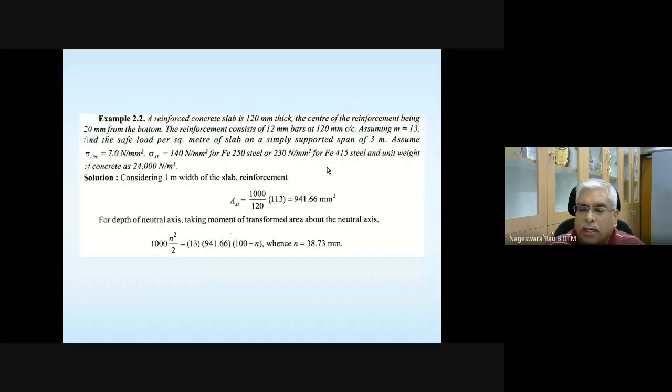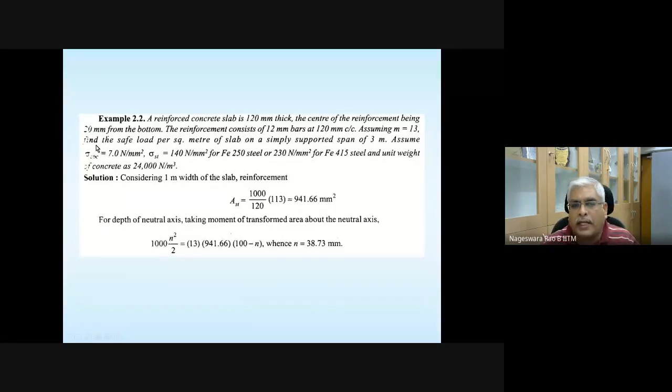That's why, read the problem statement for this particular slab case: find the safe load per square meter of slab. So it's going to depend on whether the capacity is dictated from the tension point of view or the compression point of view. So we will be analyzing it using the cracked section.